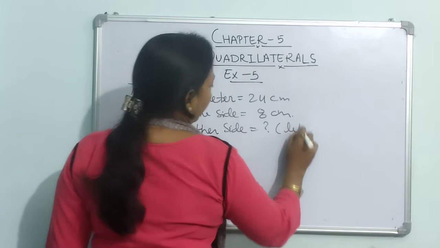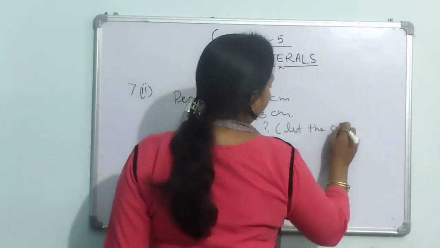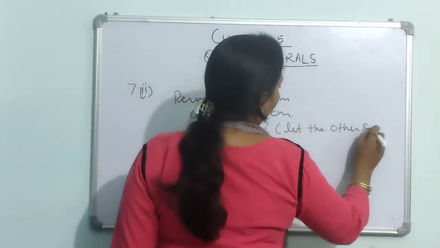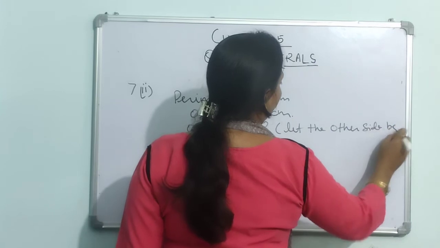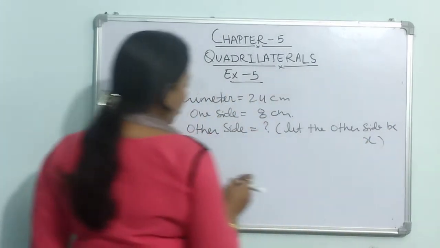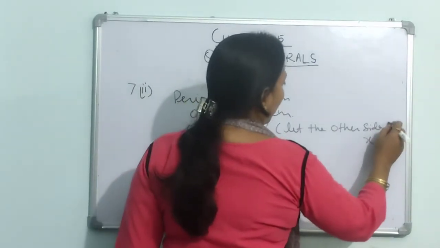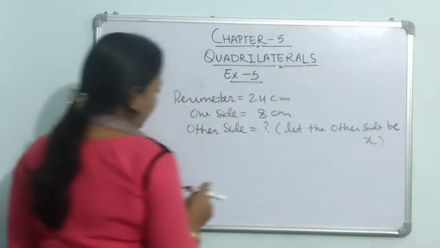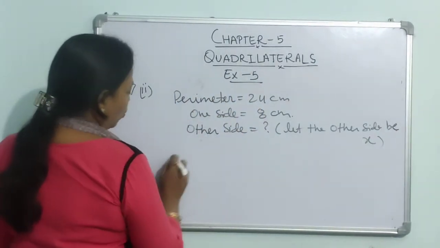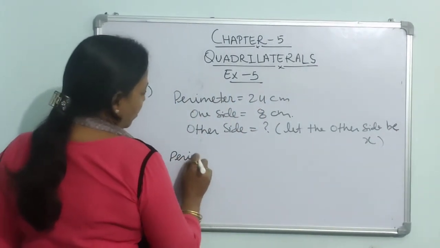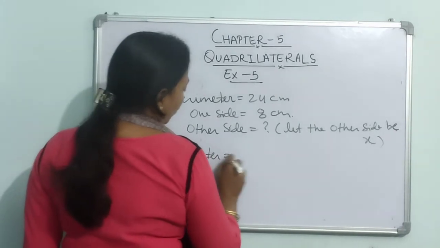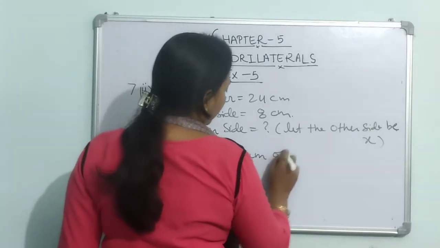Let the other side be x. Till now you have learned algebra, so you know how to use x. Now you know the formula for perimeter. Perimeter is equal to sum of all sides.